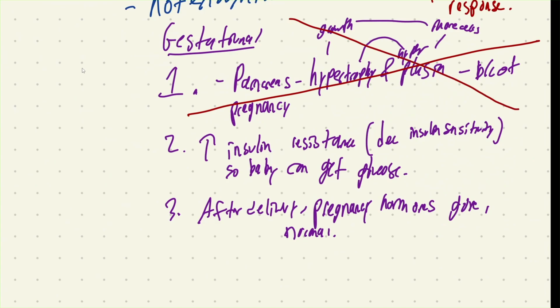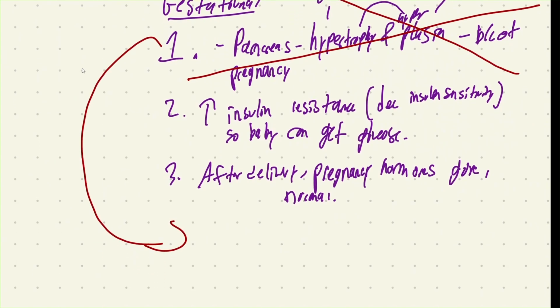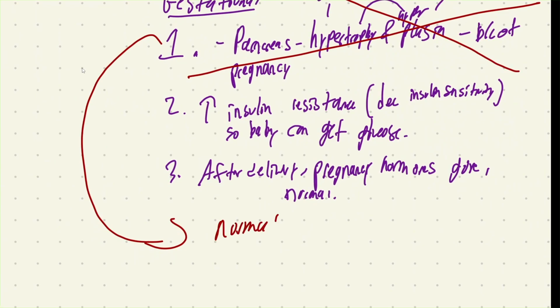What does that mean? You have a normal sized pancreas, and the pancreas cannot handle the increase in insulin and the insulin resistance.